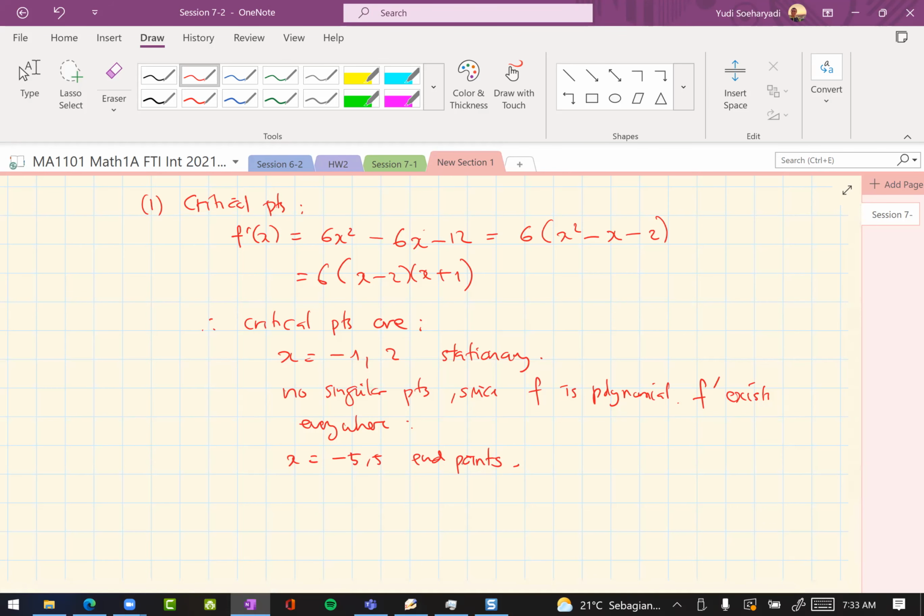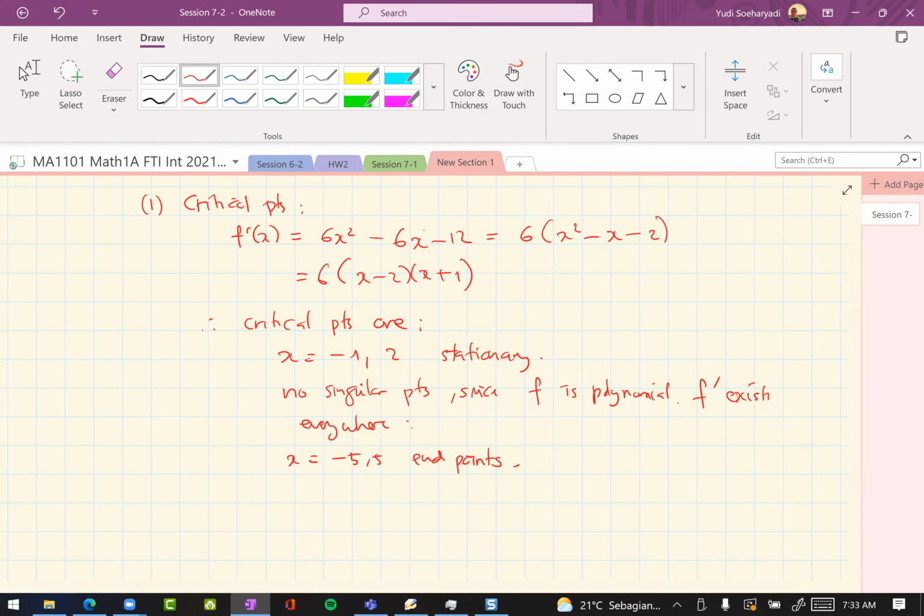Because the sign of the derivative has to do with monotonicity, we can say it goes up here, down here, and up again.